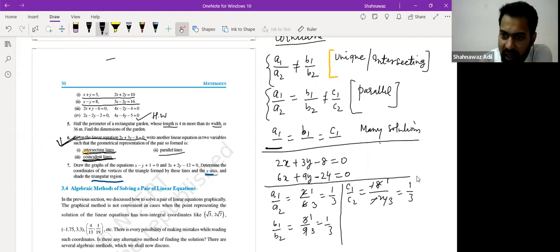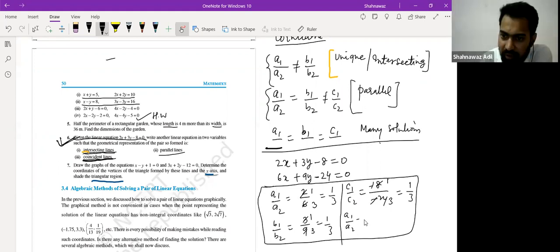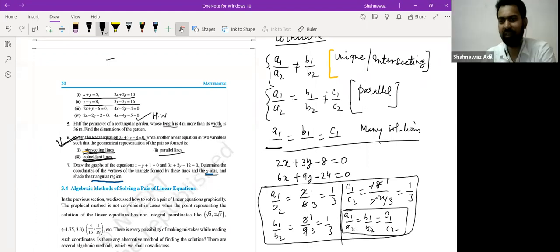Adil, are you able to grasp what we are talking about? So we were trying to create this scenario, right? A1 by A2, B1 by B2, C1 by C2. Why?